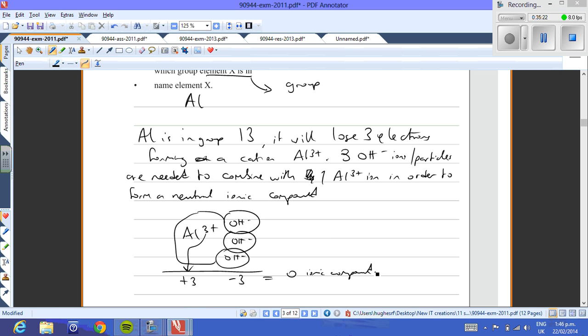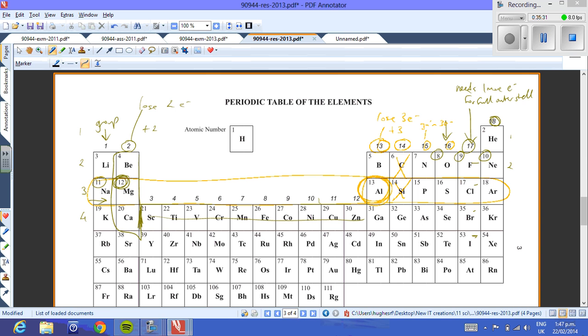If we want to use a little bit about electron arrangement here as well, the proton number for aluminium is, let's just check its atomic number now. Proton number for aluminium is 13.